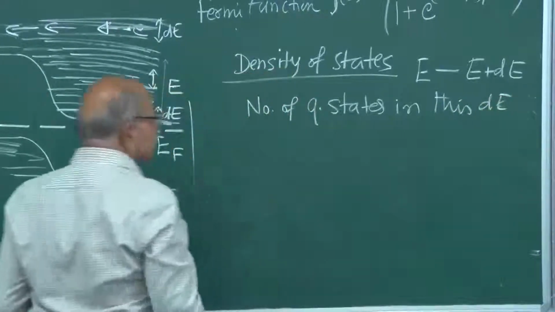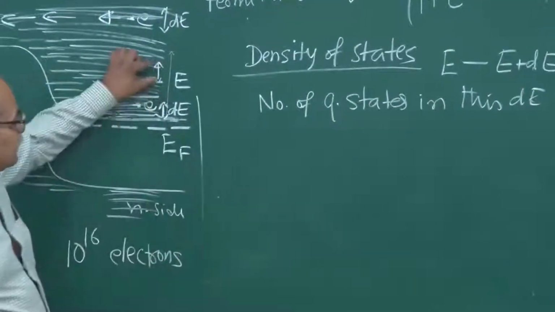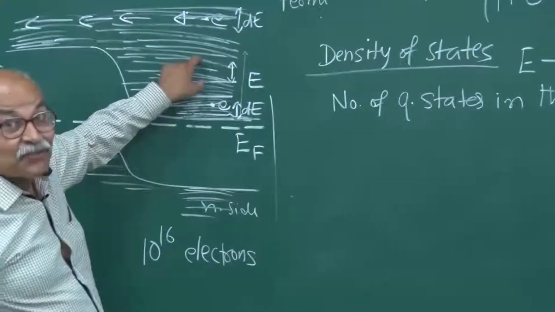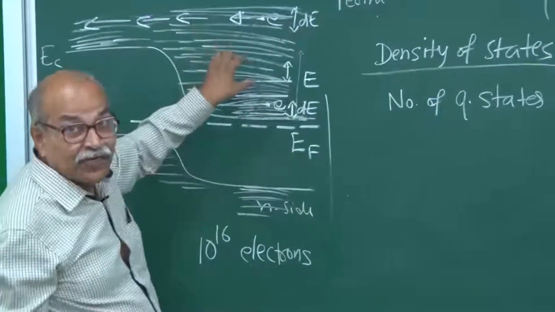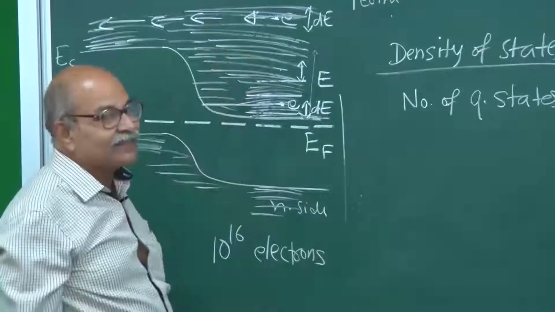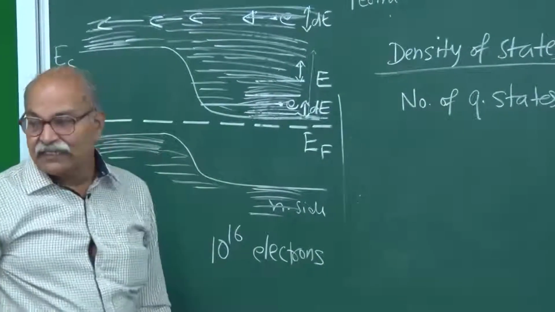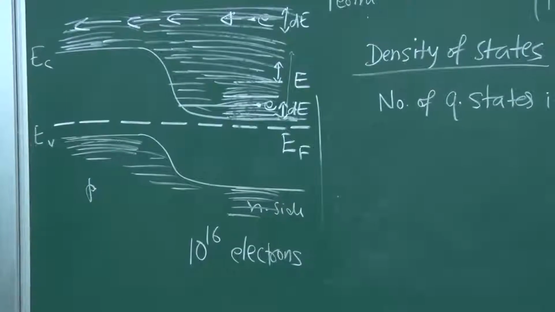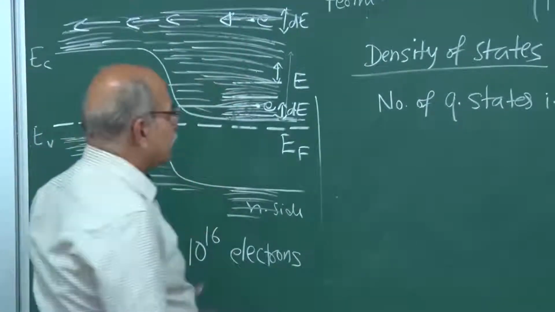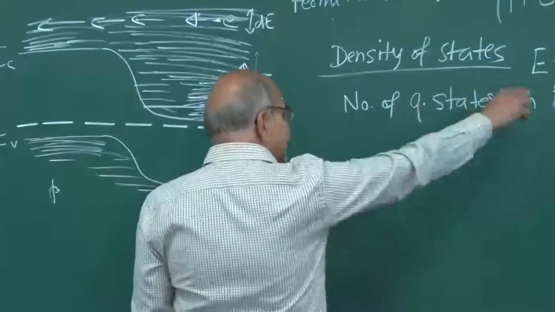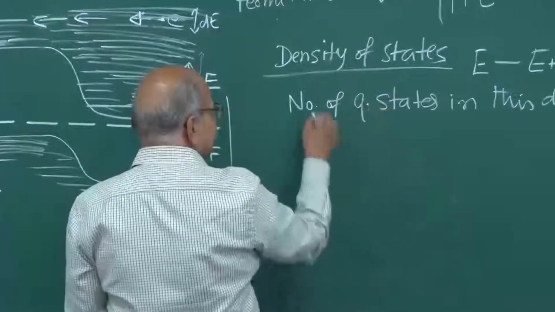Not electrons, quantum states, occupied or not occupied. It turns out that if you make a calculation, this number divided by dE will be the density of states.